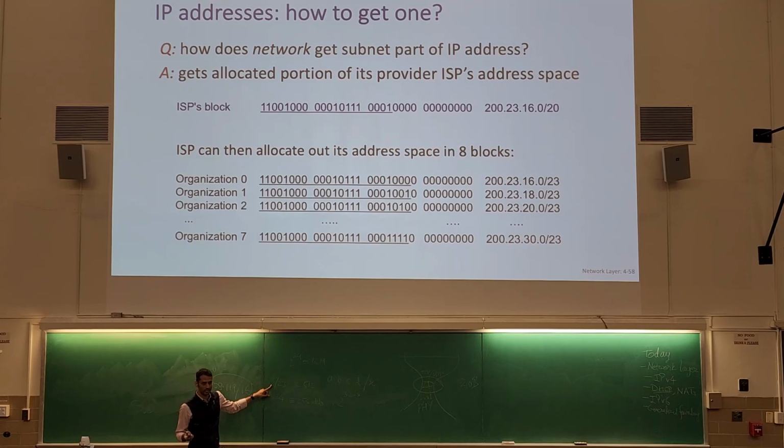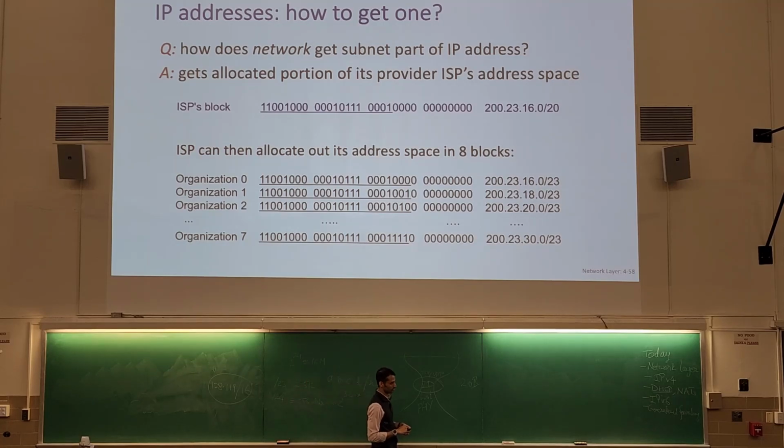So 512 times 8 is 4,000. Okay, so that nicely fits 8 organizations here. So your internet service provider gives you the block of IP addresses.